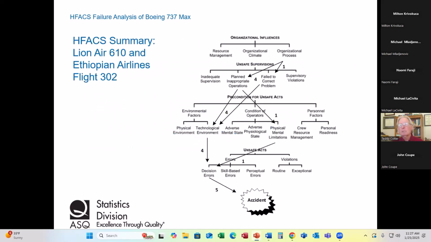So this brings me to my HFACS classifications of the two aircraft crashes. They all originated with organizational processes, again, reading the taxonomy. But notice out of the four, they then had to go through planned inappropriate operations. And then the sensor failure, they failed to correct the problem.